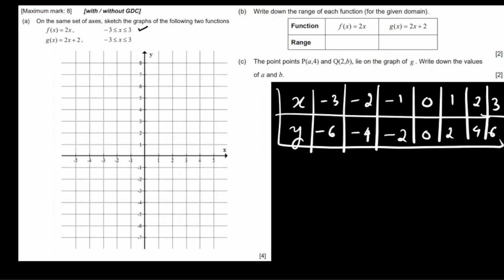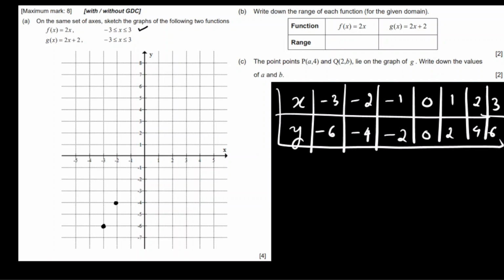Now we can plot. When x is negative 3, we can locate negative 3 on the x-axis, and at that time y is negative 6. So negative 6, vertically down I have to go. So here is the point, a dark dot I am drawing over there. Then x is negative 2, and the corresponding value of y is negative 4.